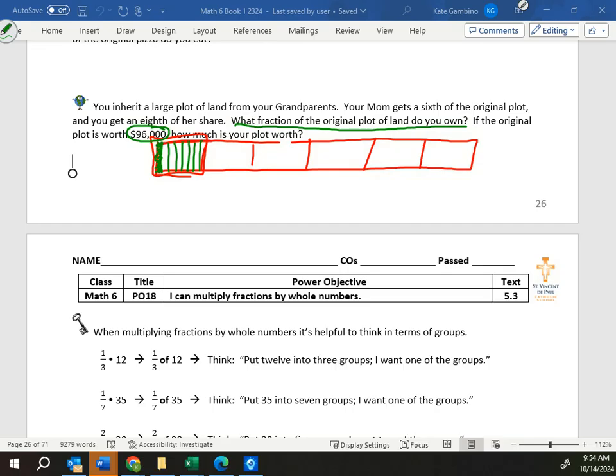If all together, that whole huge bar is worth $96,000, how much is your plot? So you're gonna try to work that out. Make sure you have 2 answers for that last one. How much are you getting of the land and how much money is it worth?